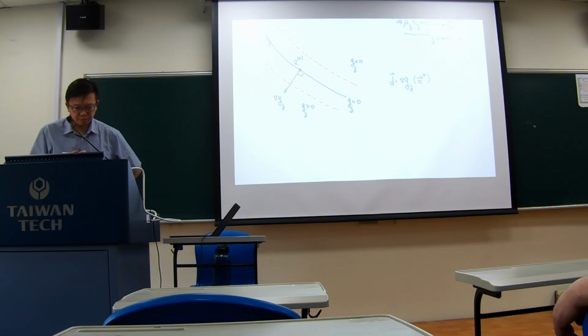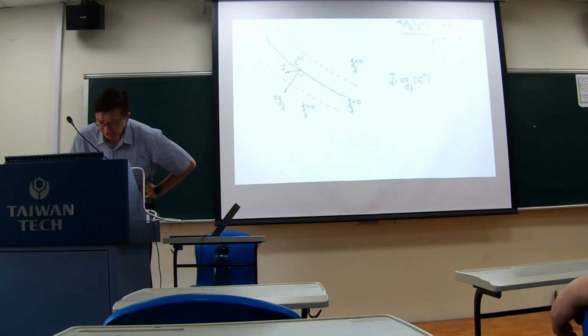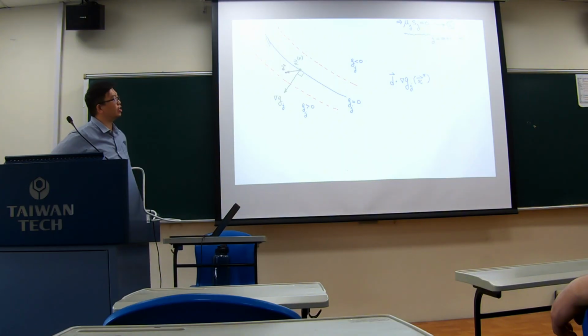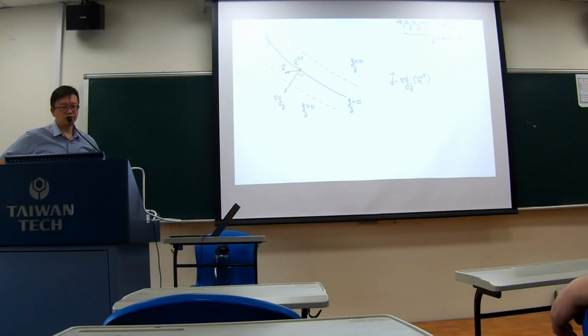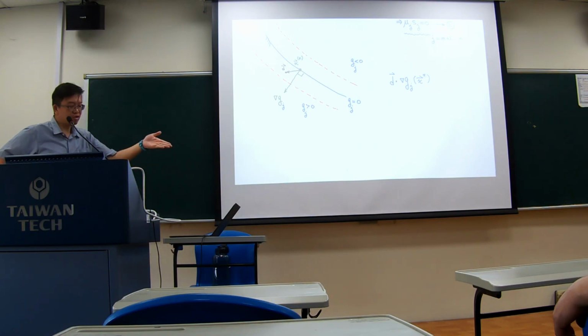So if you try to move, let's say your d vector goes into the wall from your xk, then you are penetrating through the wall.